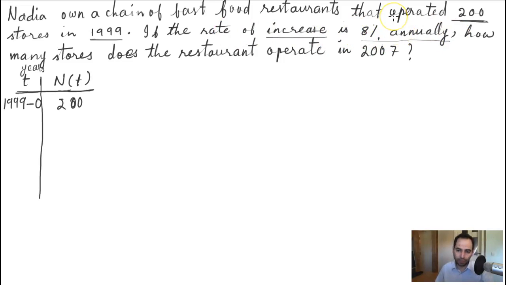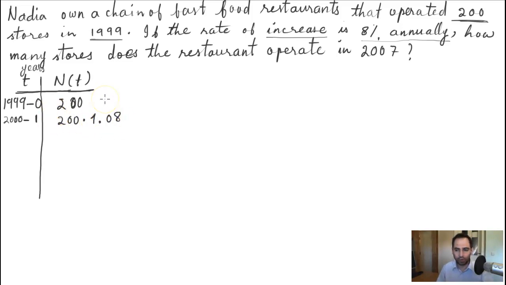So 8% annually means that it is an exponential function, and annually means year after year. So in year 2000, which is t equal to 1, it's going to be an increase of 8%. So an increase of 8% would be 200 times 1.08.